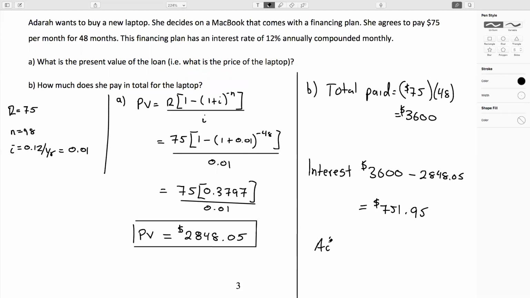So Dara paid $751.95 in interest. If you then compare that to the price of her laptop, $751.95 divided by $2,848.05, she paid almost 26% in interest. That's a lot of interest.